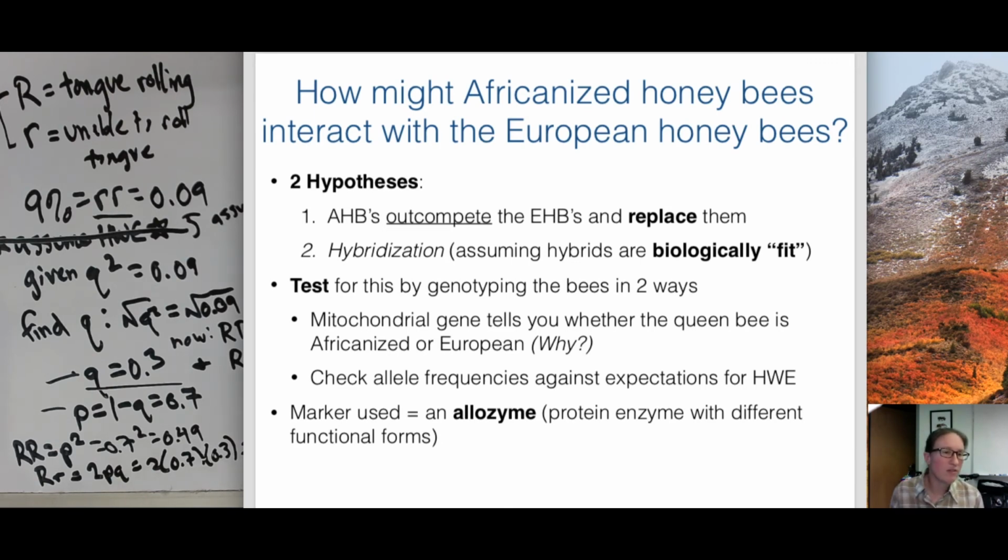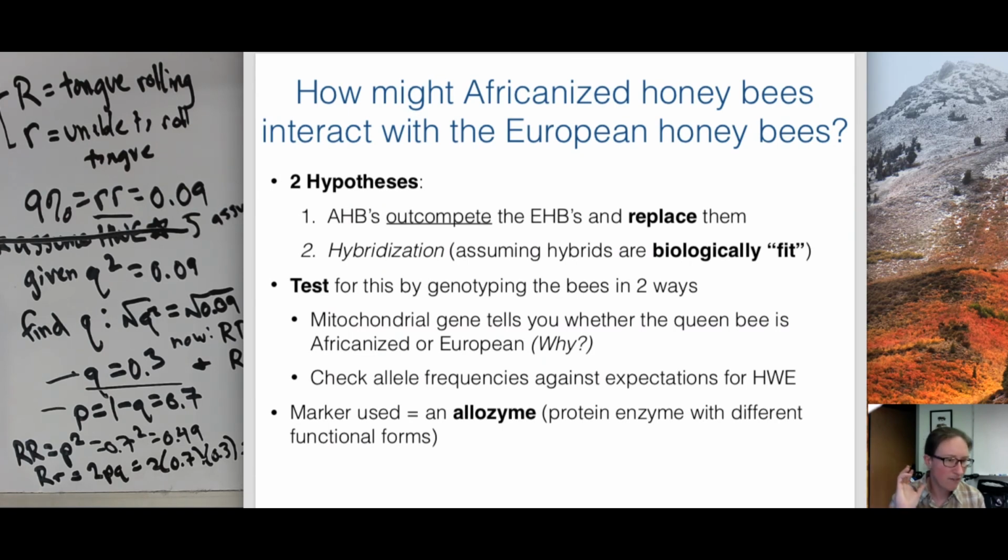So they set about testing these two hypotheses by genotyping the bees in two different ways. So one thing they did is they genotyped a mitochondrial gene to tell whether the queen bee was Africanized or European. I have the question here of why. The reason why is, mitochondria are always inherited from the mother.